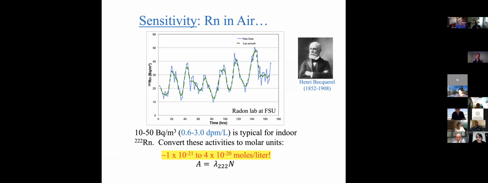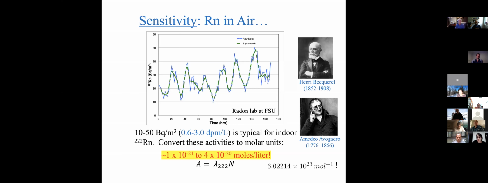But to go from atoms to moles per liter, we need something else, right? Do you remember? I'm sure you all remember. There was this Italian scientist, Avogadro, and he has a number named after him, 6.02214 times 10 to the 23 per mole.